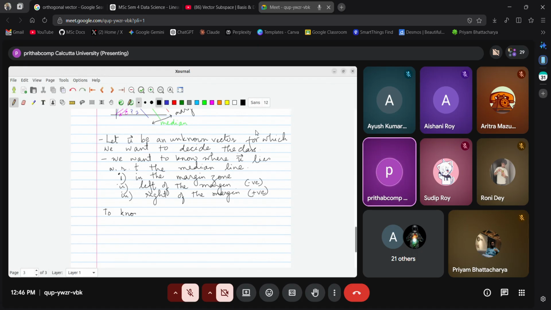So to know this, what we do is we project this U. It's exactly what I have said right now. You project U on W, which is a vector perpendicular to the median line.